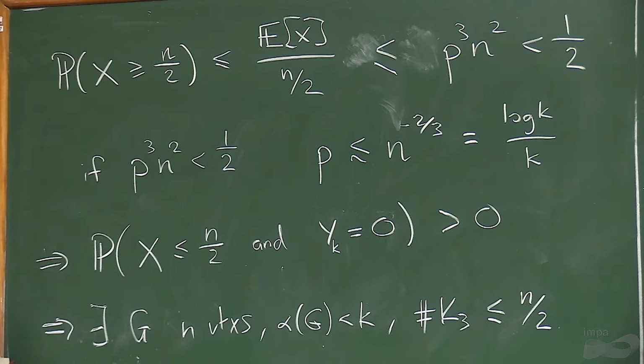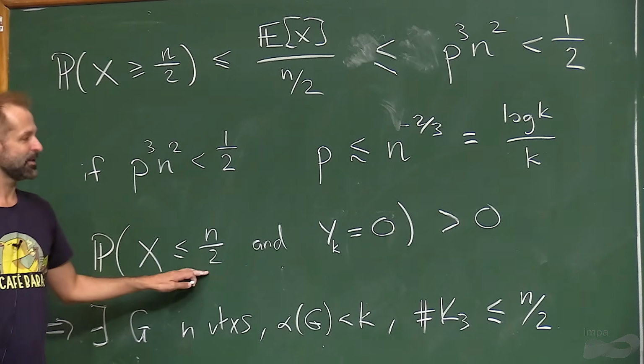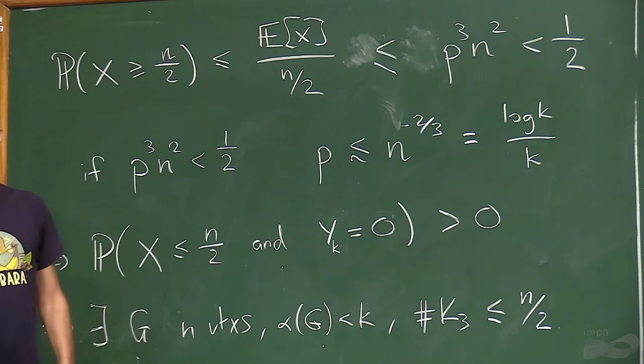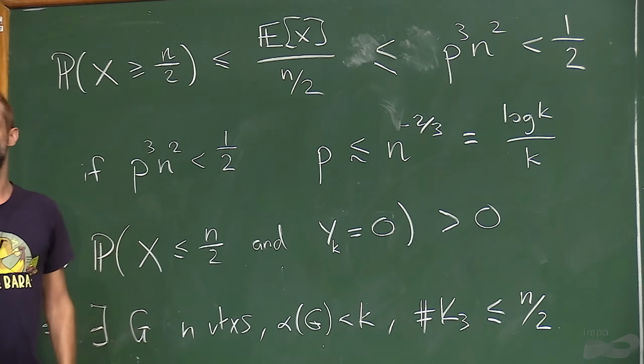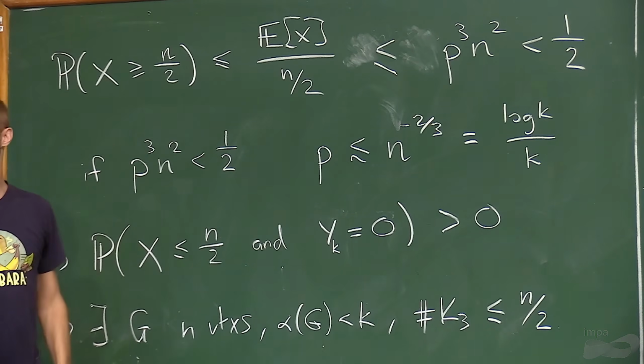There exists a graph with these properties. And now we can use the idea of removing one vertex from each triangle. What are we left with? We're left with a graph with n over 2 vertices at least, independence number at most k, and no triangles. And so, losing a factor of 2, we're done.